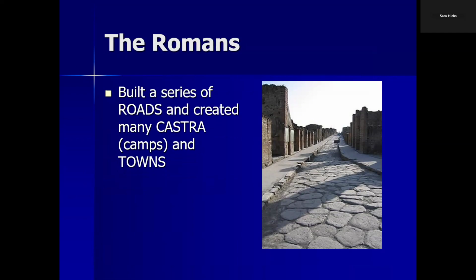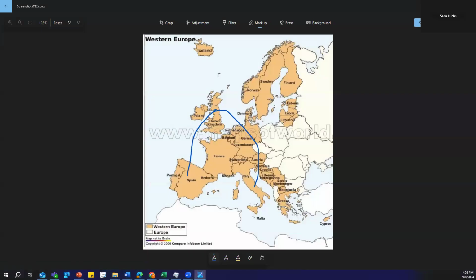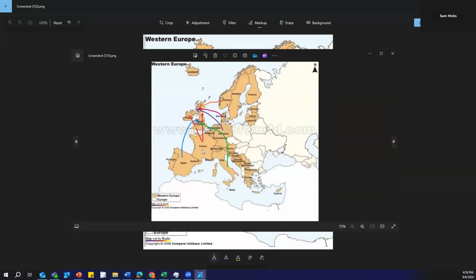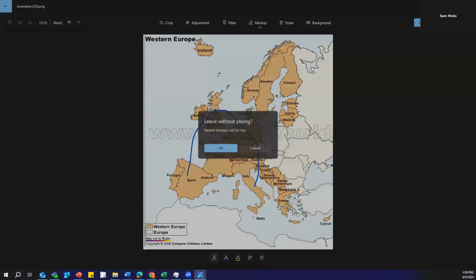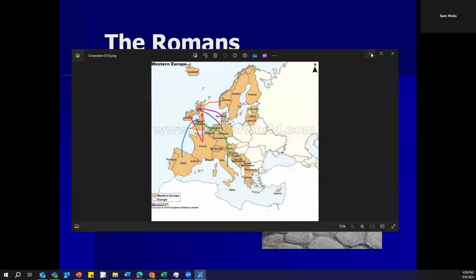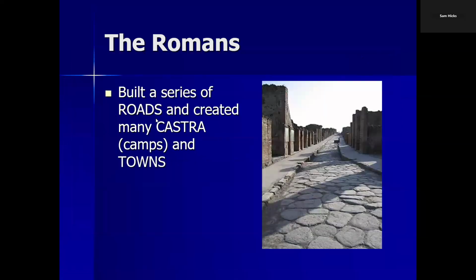So the Romans actually did a lot. They built roads, and they built many castra or camps. They built towns.